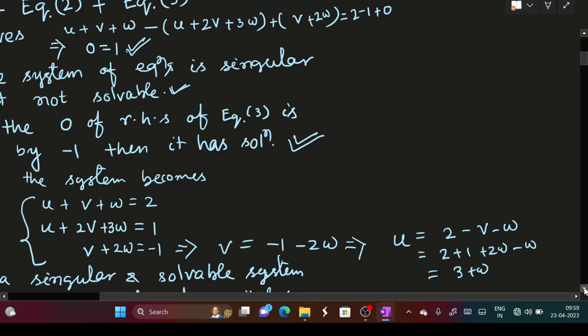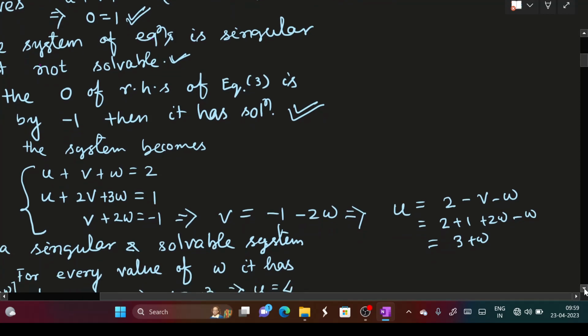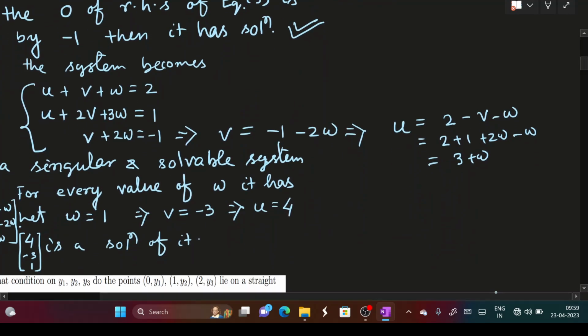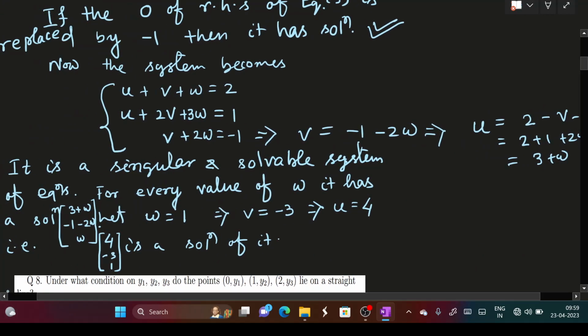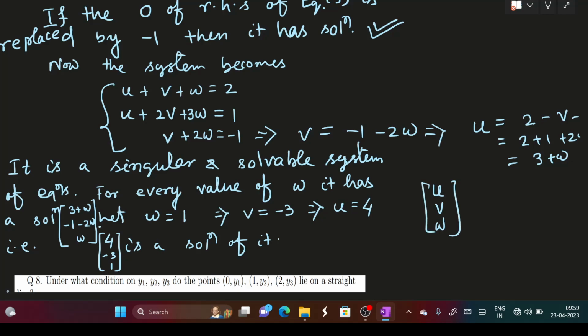Then that vector, for every value of w, will give me a solution of the system of equations. So u v w is equal to 3 plus w, -1 minus 2w, w. This vector is a solution of the system of equations for every value of w.